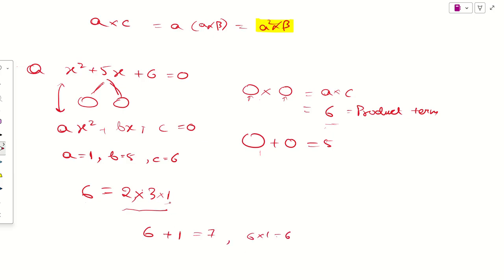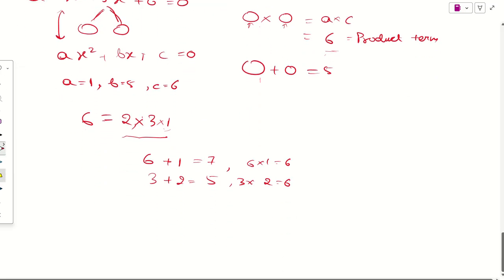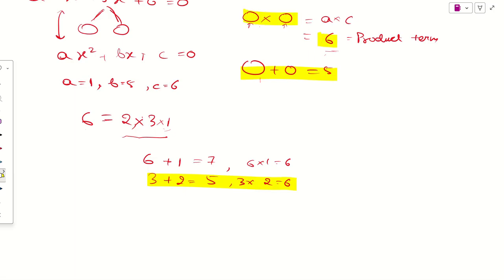And the second combination, 3 plus 2, it will be 5, and 3 into 2, it will be 6, right? So from here you can see that this combination satisfies your condition of addition giving you 5 and multiplication giving you 6. So let's split the middle term using these two numbers.